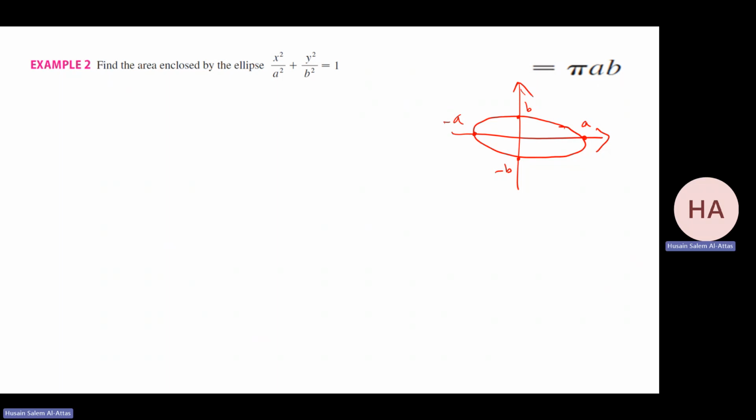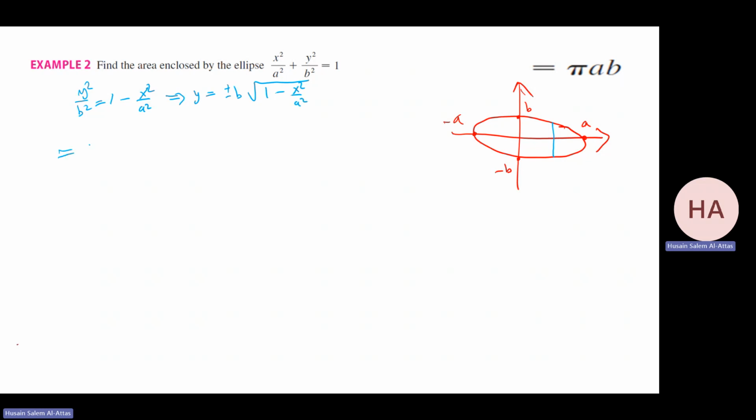So I'll put my line. But be careful, I don't have a function. This function, I can rewrite it in this way. I have y square over b square equal 1 minus x square over a square. So I have y equal plus or minus b square root 1 minus x square over a square.